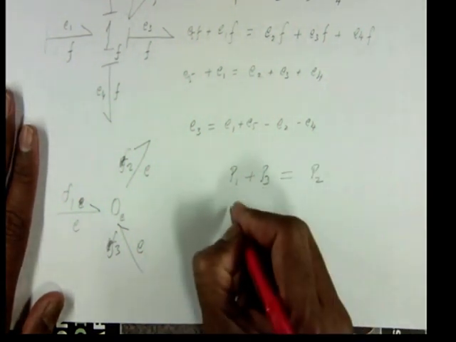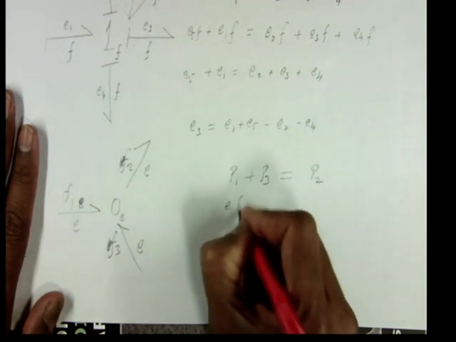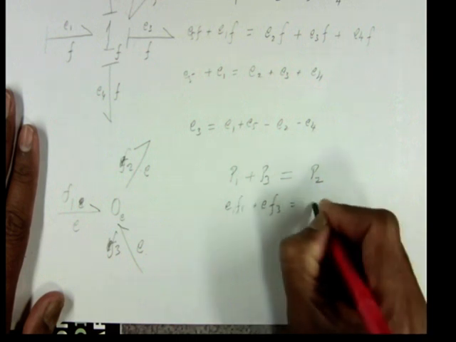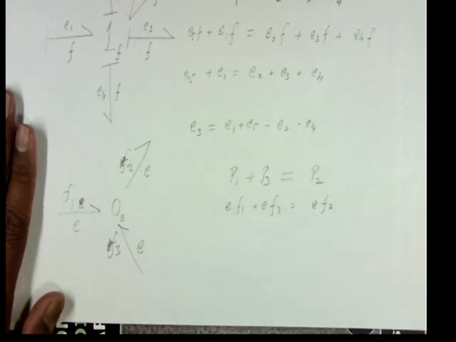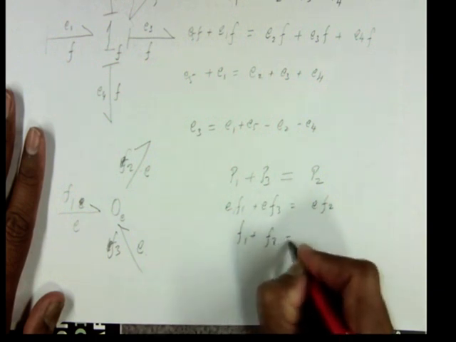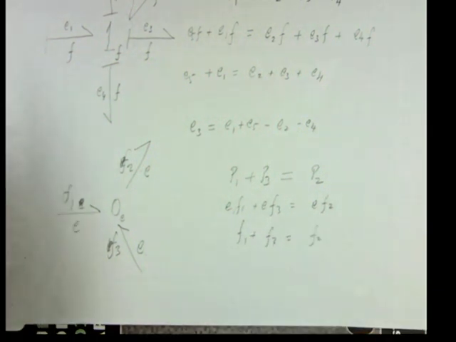And so you can write it as effort into flow 1 plus effort into flow 3 is equal to effort into flow 2. And so it becomes also a flow summing junction, okay, where flows can be algebraically added. So a zero junction is a common effort junction or a flow summing junction, okay.